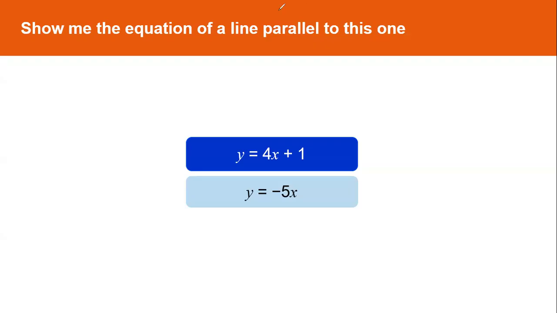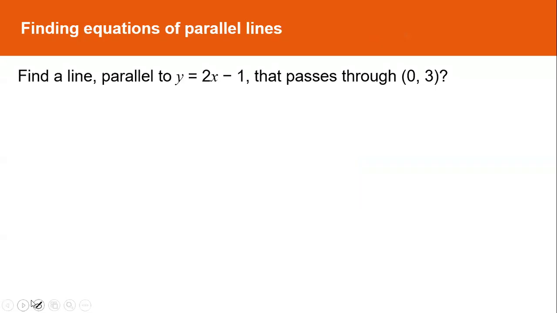Okay, people have finished, right. Very good. Now, we are going to dive into and do some numbers. Okay. Now we have here, they are telling us that our heading is finding equations of parallel lines.